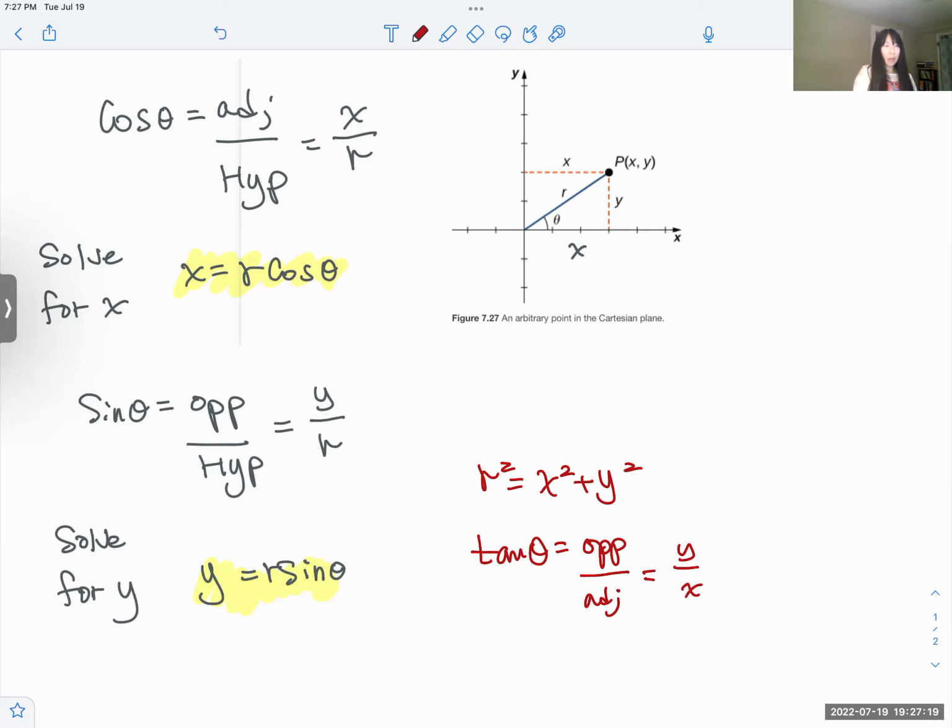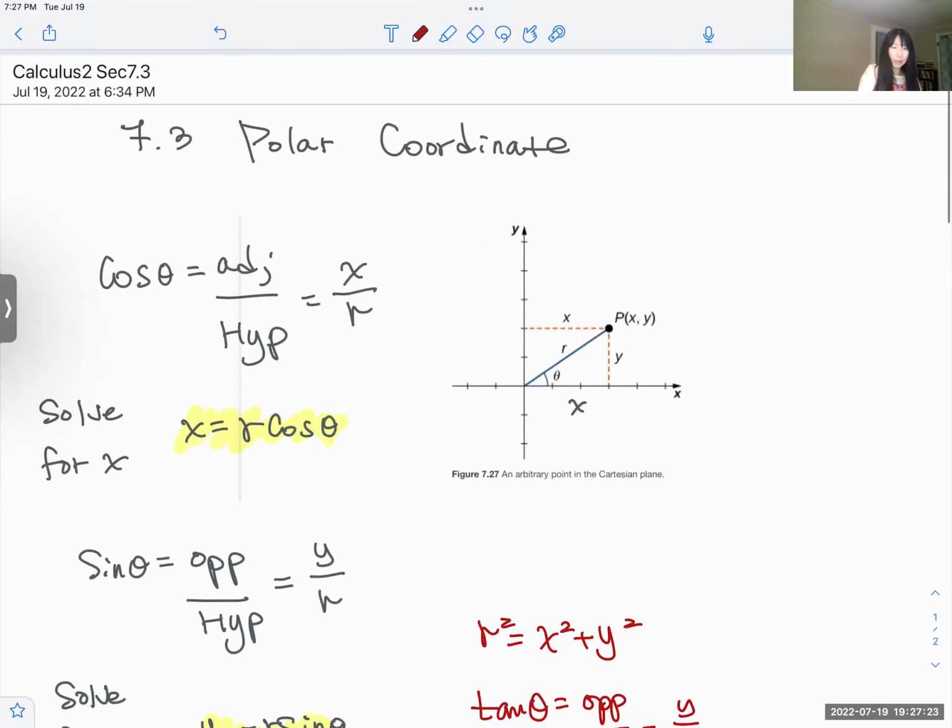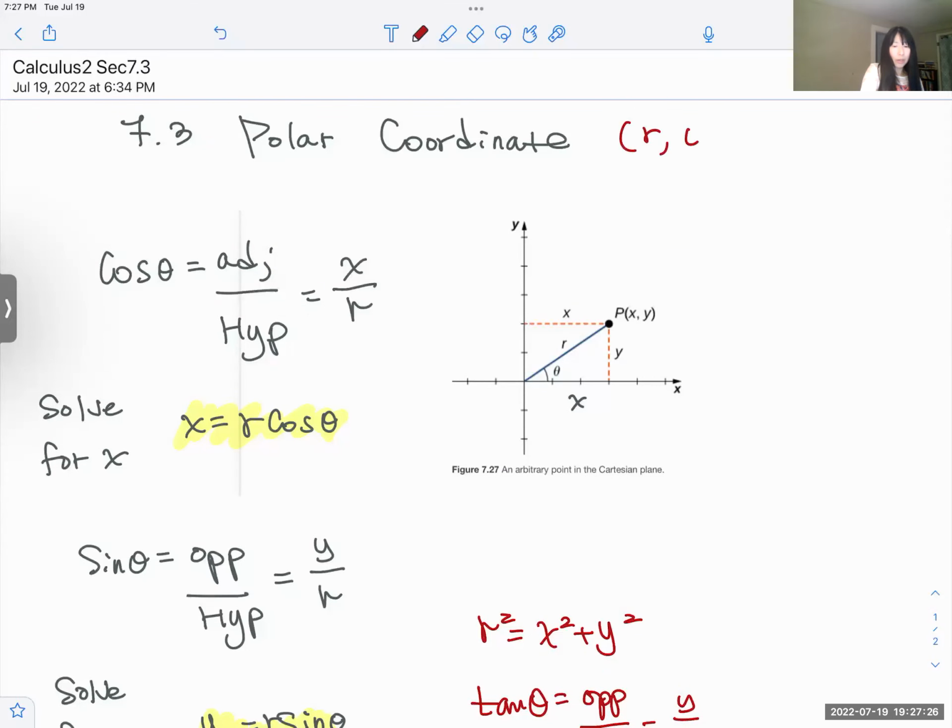All right. Now we're talking about polar coordinates. This is r, theta, like the Cartesian coordinates, which are x, y, right? That is the ordered pair in the Cartesian plane.